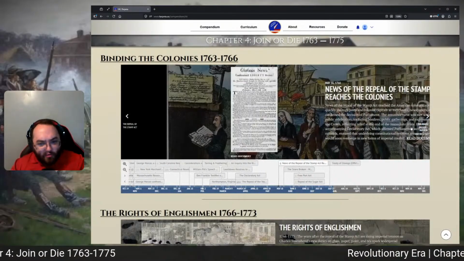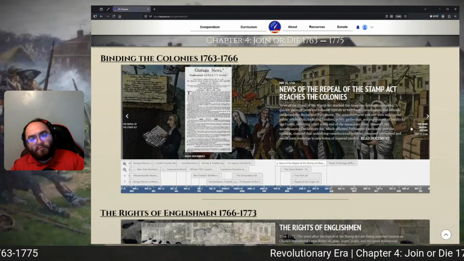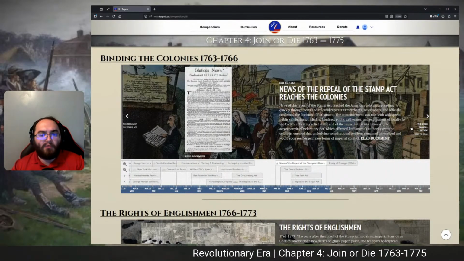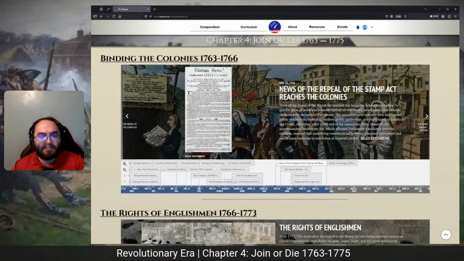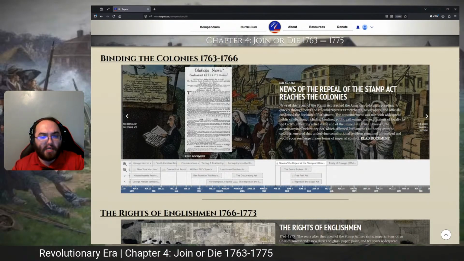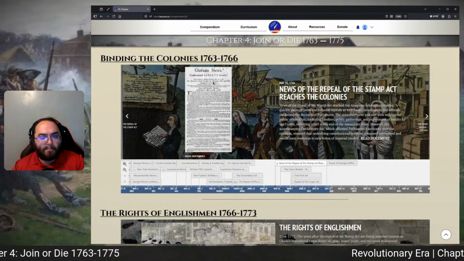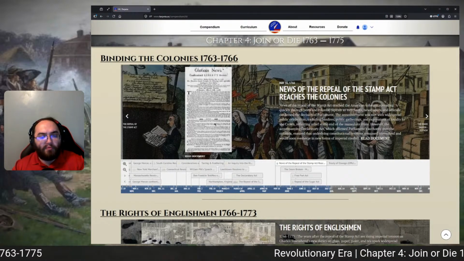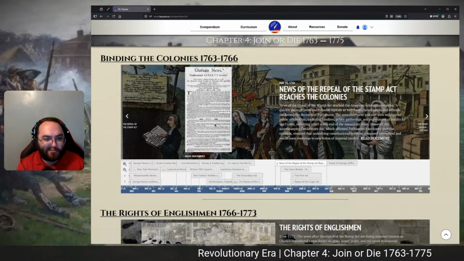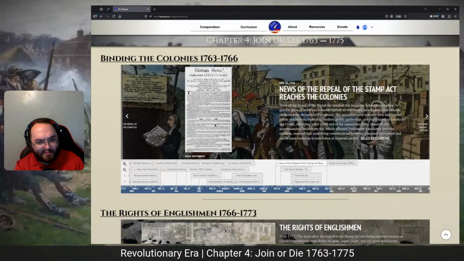It takes a little while, but news of the repeal of the Stamp Act will reach the colonies on May 16th, 1766. And we actually have a newspaper of the news reaching the colonies.